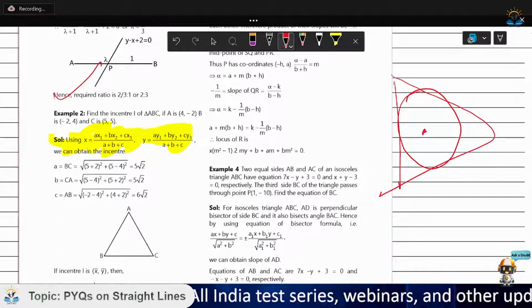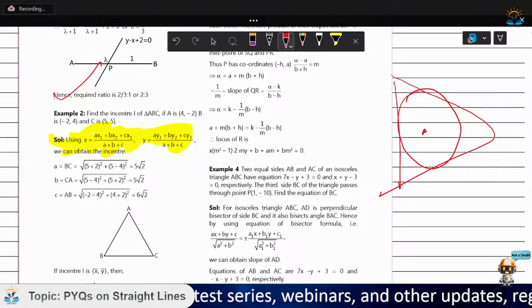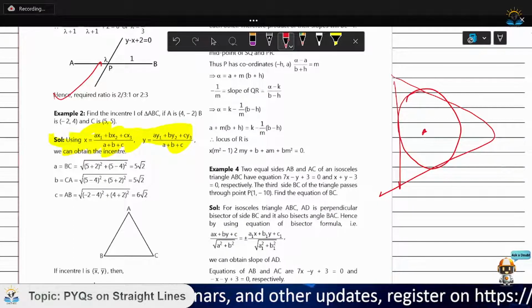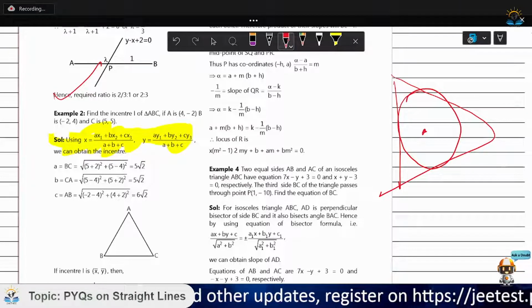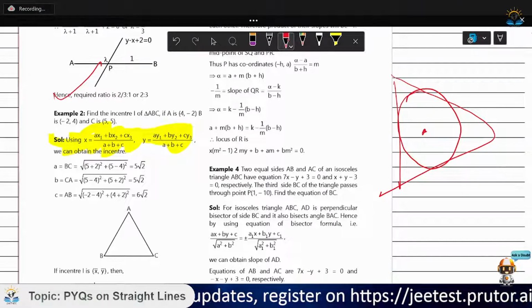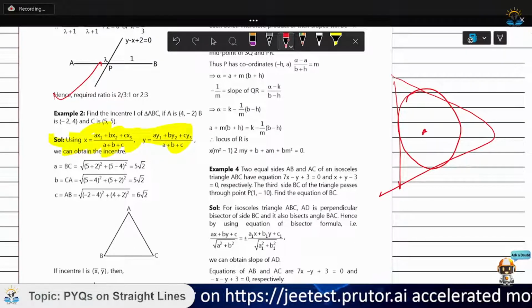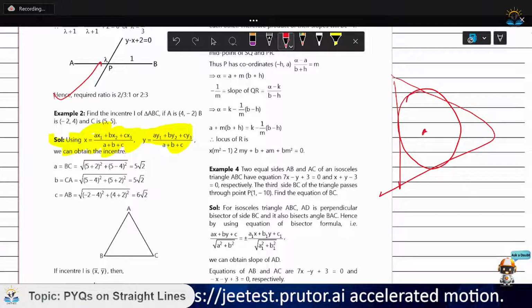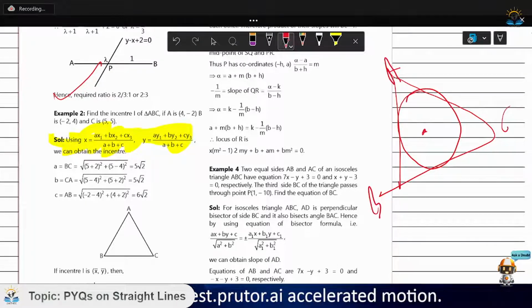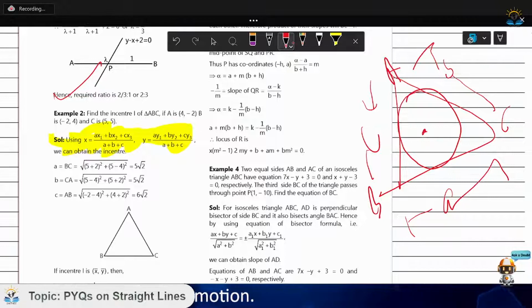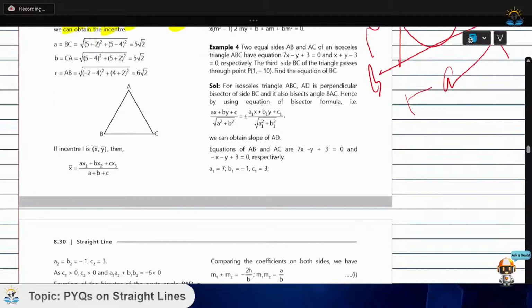Formula for the incenter of ABC, and I just wrote it wrong. This is C. So this is how you calculate it, and just put the variables in the equation. So we are done with question number 2 as well.